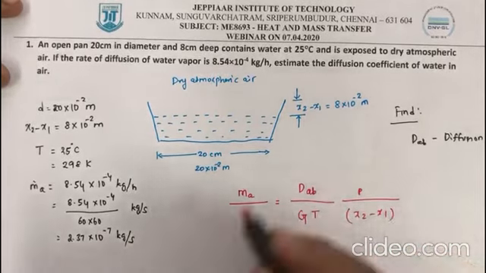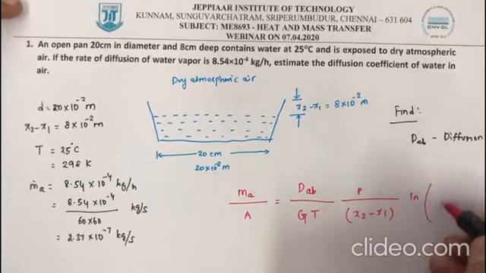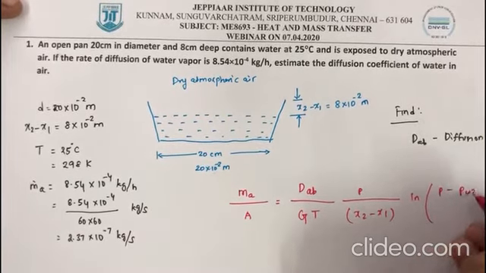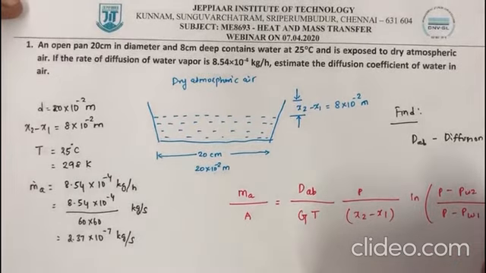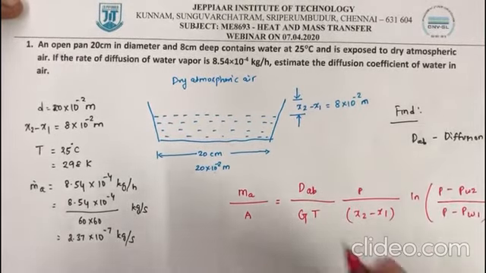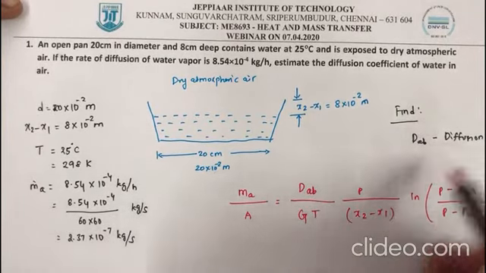I will come back to explaining all these coefficients. Natural logarithm of P minus PW2 over P minus PW1, and A would be the area of the pan, which is the surface area. DAB is the one we have to find out.